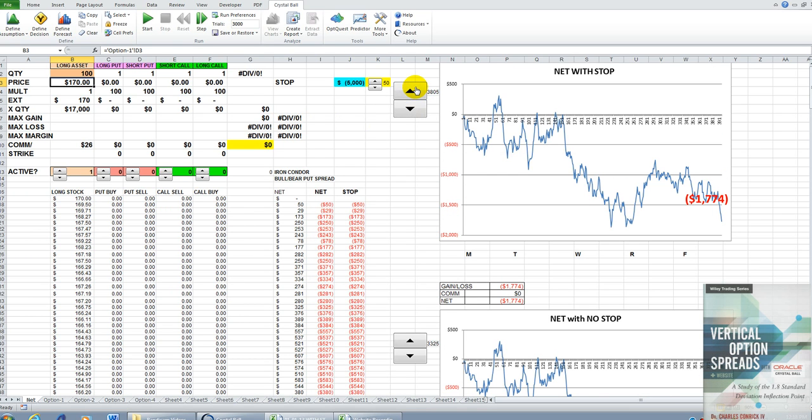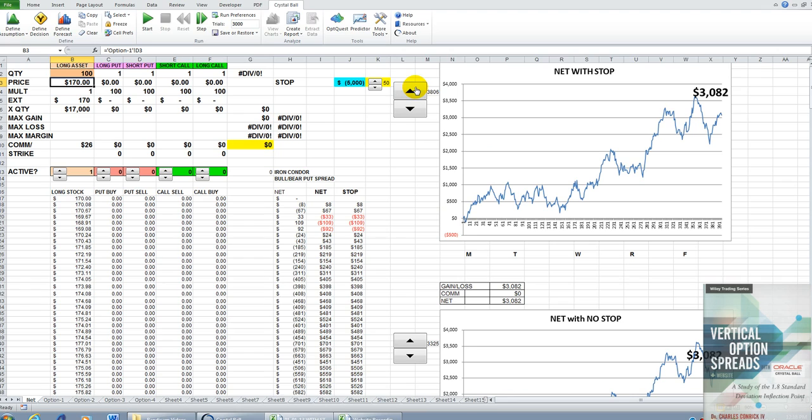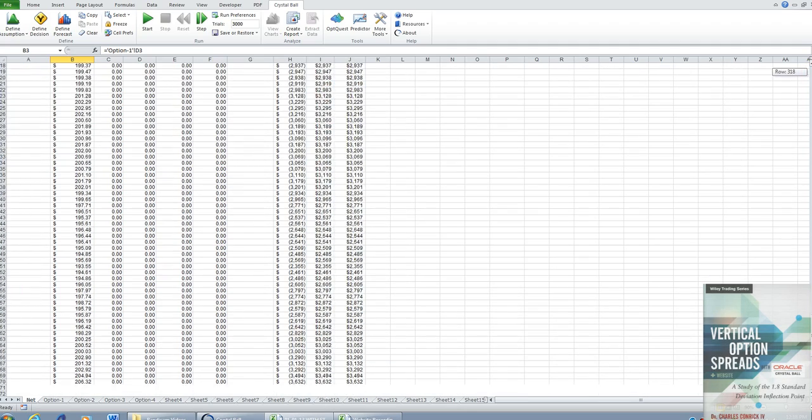So if you bought the asset, in that scenario I lost $1,774, and in this scenario it would have gone up. So I would have invested $17,000. 100 times 170 is 17,000. And according to me, this stock would have gone up approximately, what is that, all we need to do is look at the very bottom of the sheet.